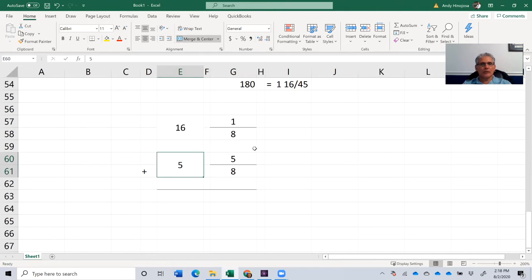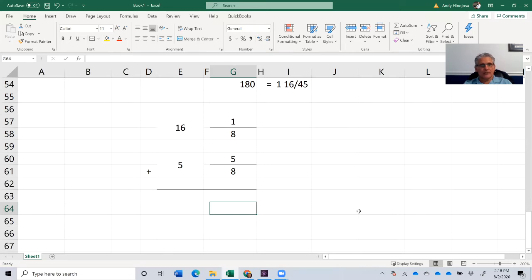We first solve the fraction addition. So let's pretend we don't even see the whole numbers first. Let's just focus on the fractions. We have 1/8 plus 5/8.